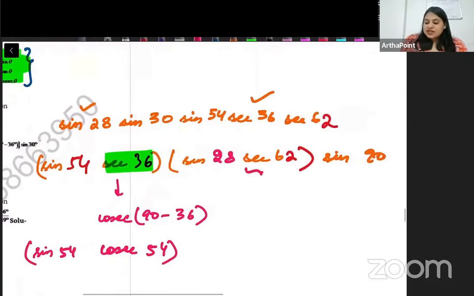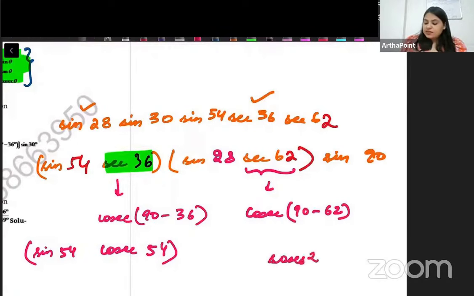Similarly, sec 62 will be cosec 90 minus 62. So it will be cosec 28 into sine 28. Finally, into sine 30. This is 30.